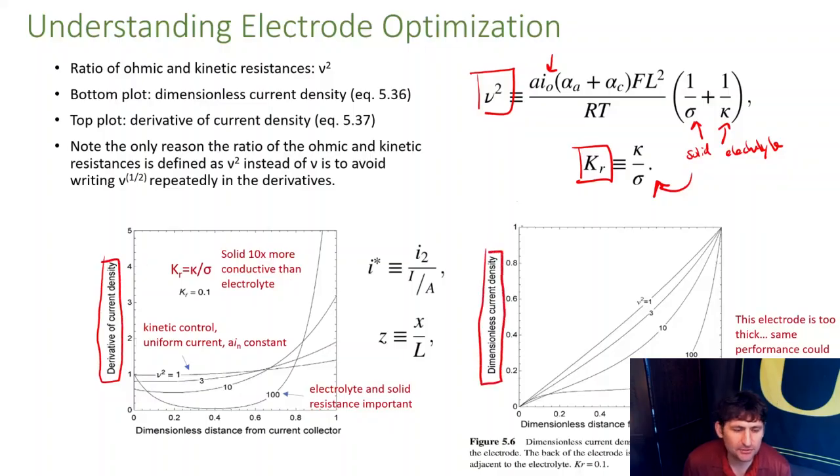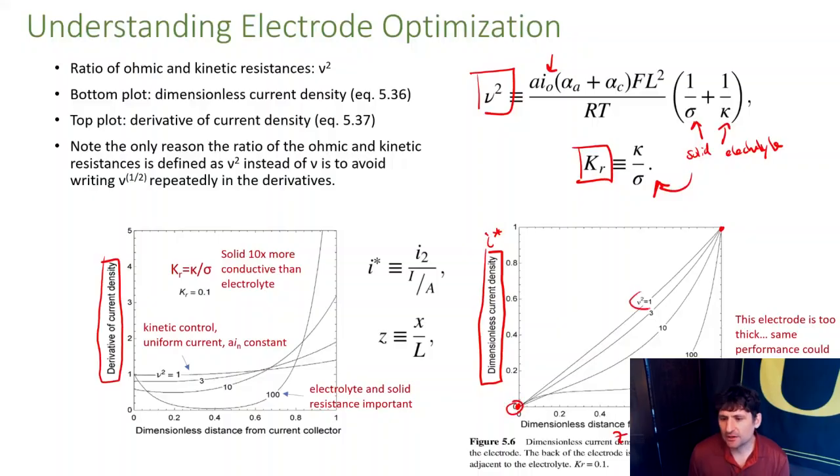So let's start actually with the dimensionless current, I star. So this is the fraction of the current that's in solution. Okay, notice that you go all the way to x equals L, this is Z, right? Dimensionless distance from current collector. At x equals L, all the current is in the electrolyte. If you go to 0, all the current is in the solid, so there's no current in the electrolyte.